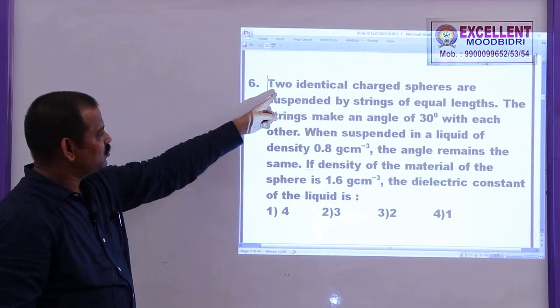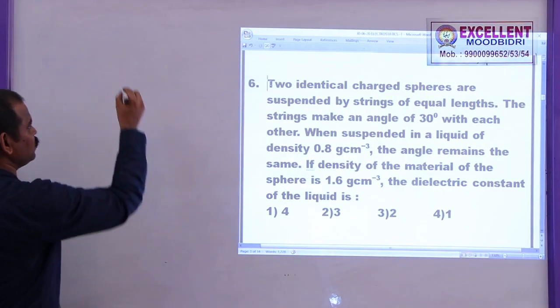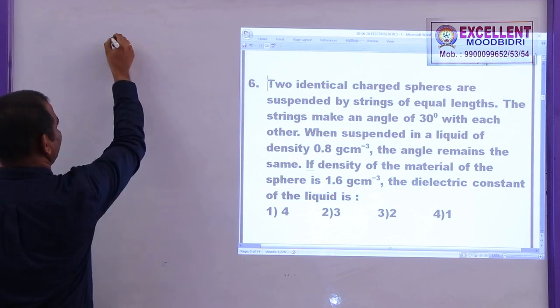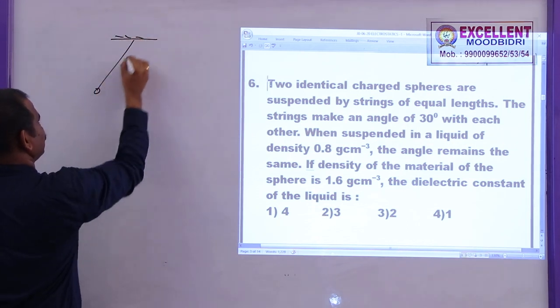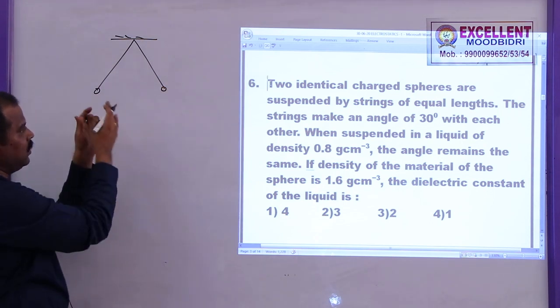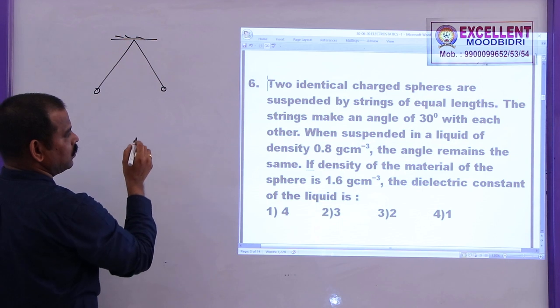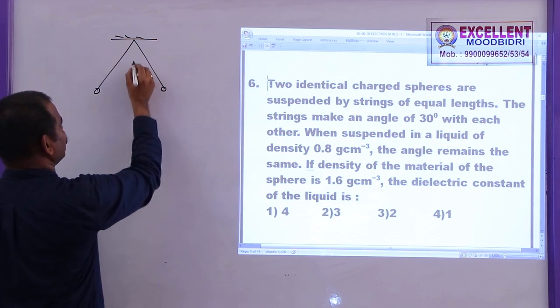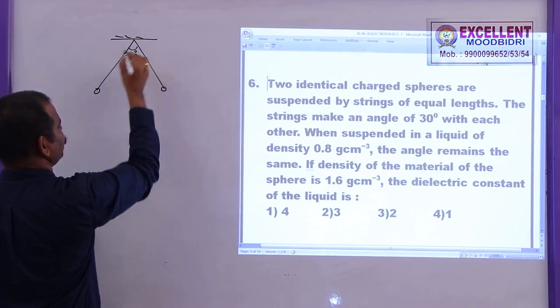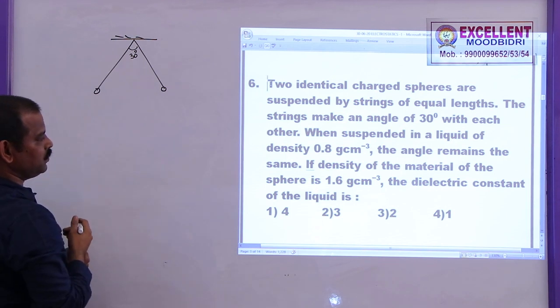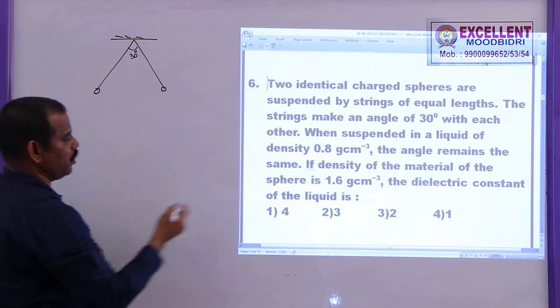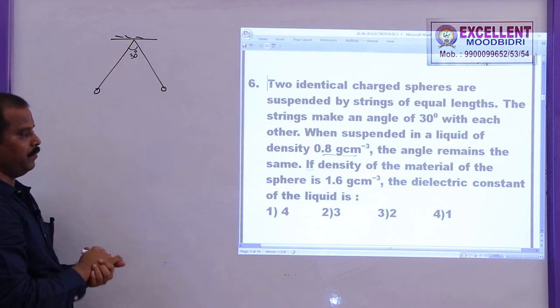Number 6. Two identical charged spheres are suspended by 2 strings of equal length. As they are identical, they will move away from each other due to repulsion. The strings make an angle of 30 with each other. When they are suspended in a liquid of density 0.8 grams, the angle remains the same.